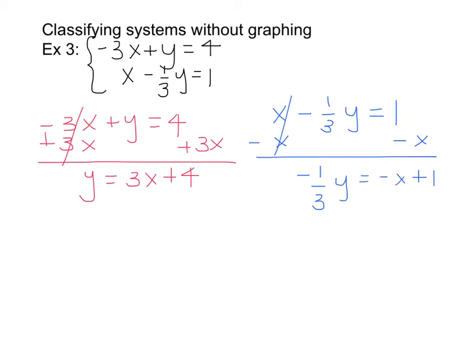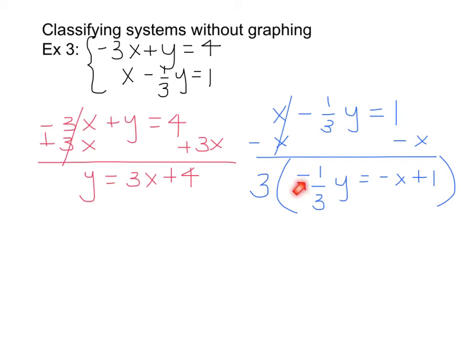So now I want you to think back to when we put our equations into standard form, because I know you guys are really not liking that 1/3 that I have going on. So I need to get rid of my 3 that's in the denominator. So to get rid of that 3, I'm going to multiply the entire equation by 3.